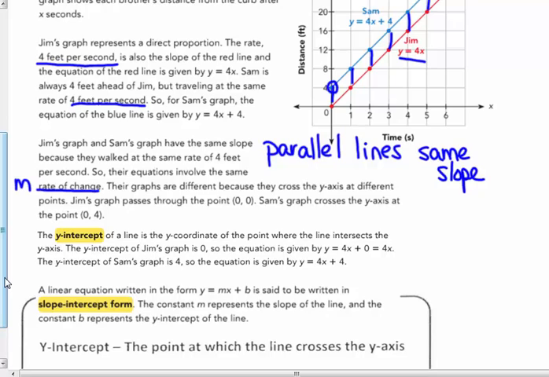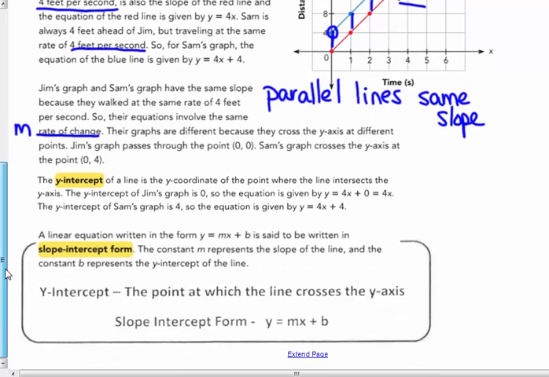Their graphs are different because they cross the y-axis at a different point. Jim's graph passes through the point (0, 0), the origin, and Sam's graph crosses the y-axis at the point (0, 4). The y-intercept of a line is the y-coordinate of the point where the line intersects the y-axis.